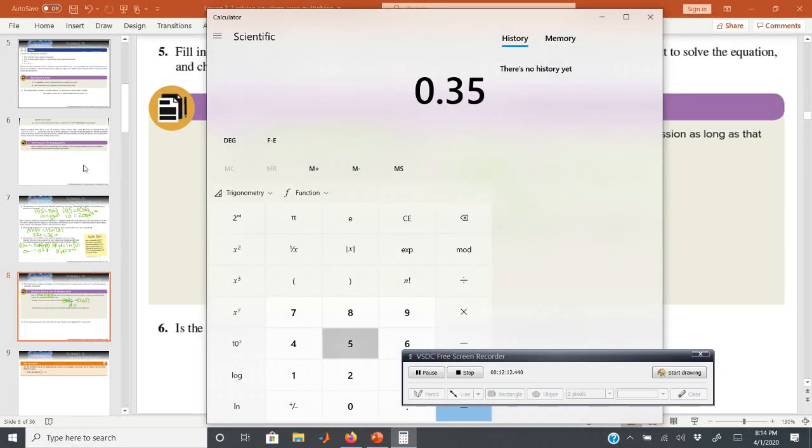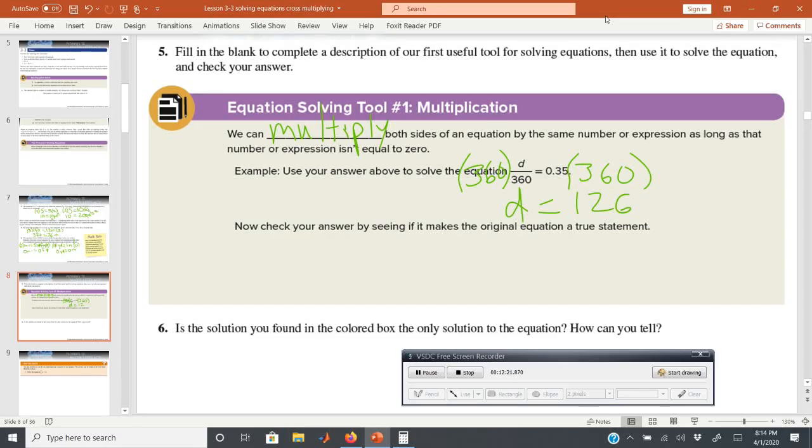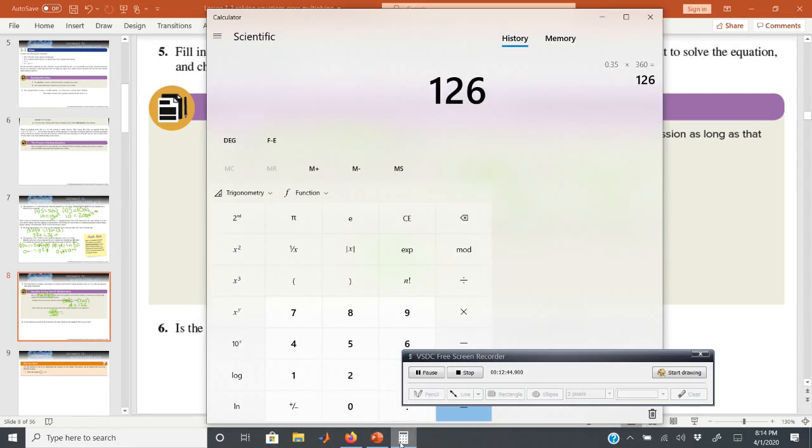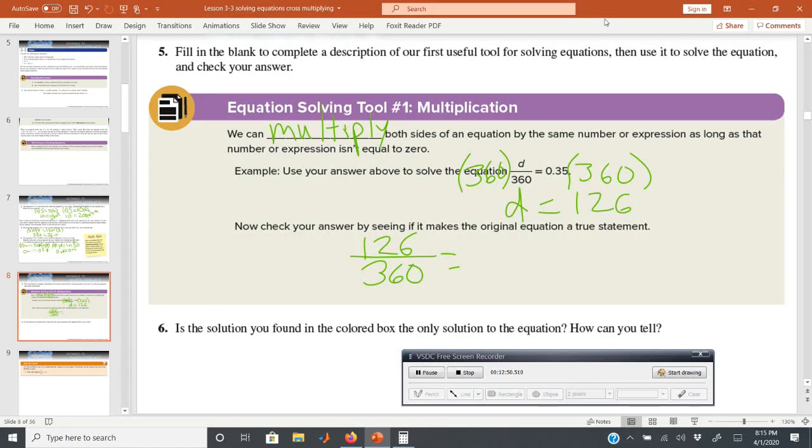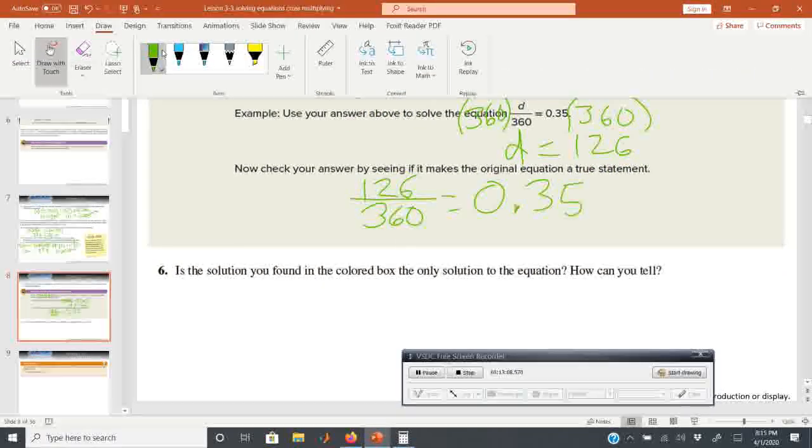And then I have 0.35 times 360, which I'm going to do on my calculator. The answer is 126. D equals 126.